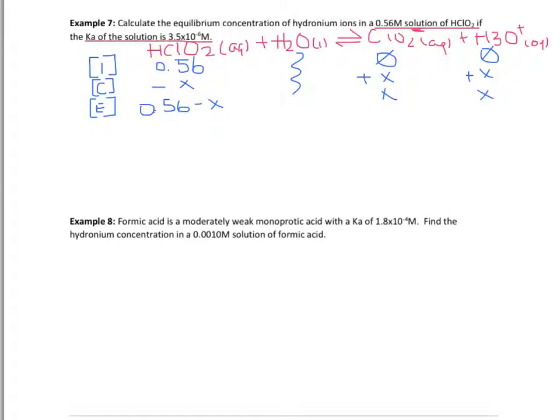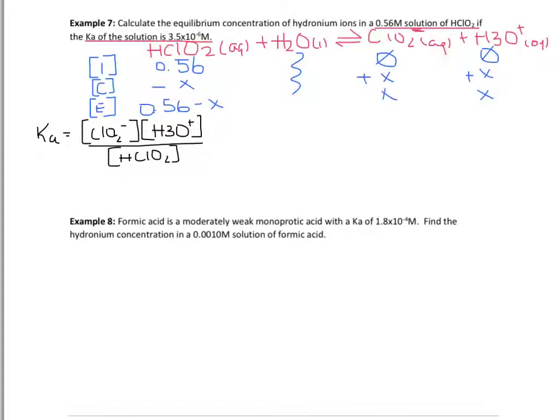So we can set up our Ka expression. Ka is equal to ClO2 negative times H3O positive all over HClO2. And now we plug in what we know.